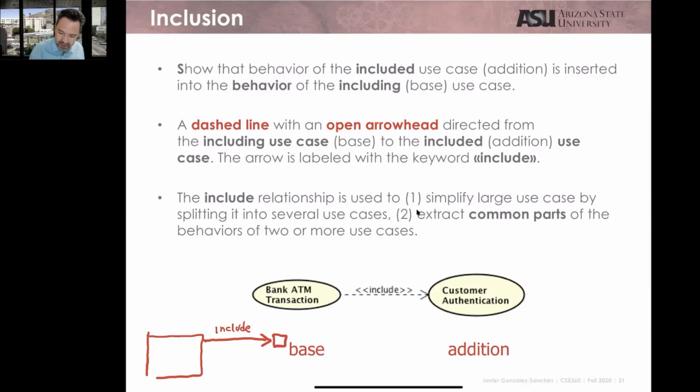So if I have something like this big thing, and this big thing has these three elements inside, what I have is include relationships like this. The big one, the one that has things inside, is going to have arrows going out, pointing to these small things. And the small things are inside. That is the meaning of including.